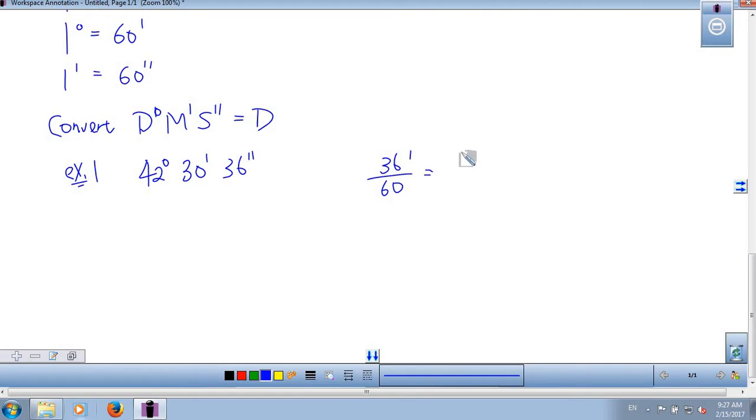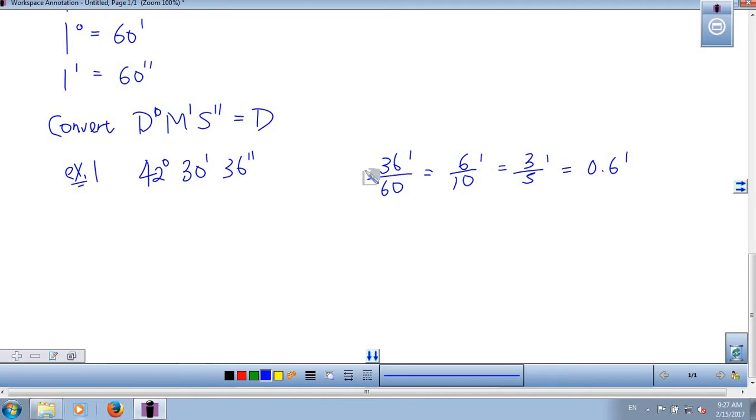So let's reduce that. That's reduced by 6, so it will be 6 divided by 10 minutes, or if you reduce it to a simpler fraction, divided by 2, it will be 3/5 minutes, or 0.6 minute.